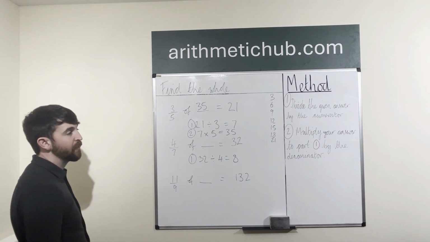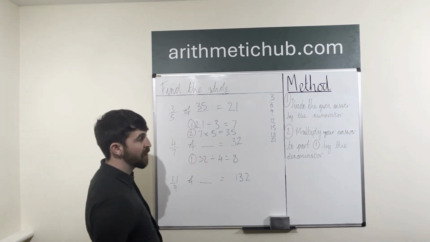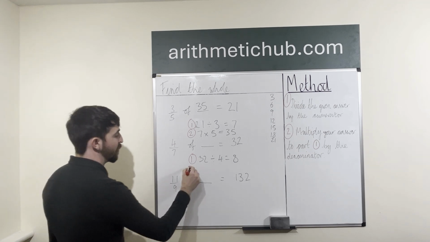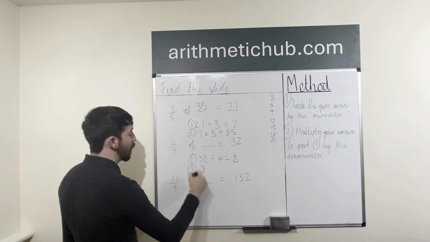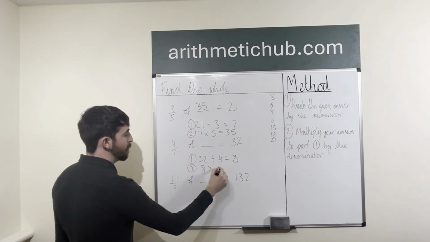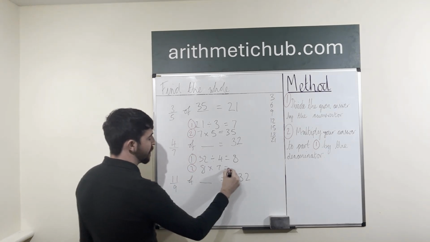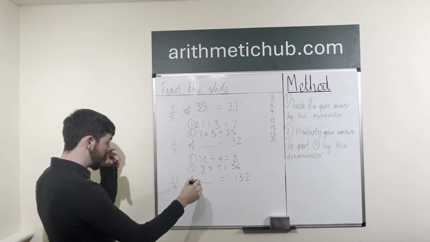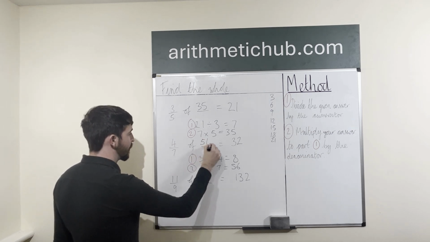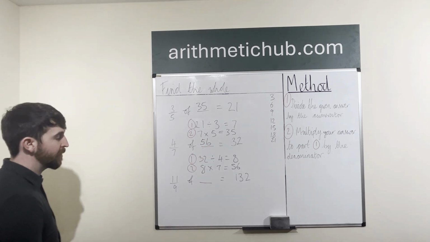Next part says multiply your answer to part 1 by the denominator. So the answer to part 1 was 8. Our denominator is 7. 8 times 7 is going to give us 56. So our answer to this question would be 4/7 of 56 is going to give us 32.